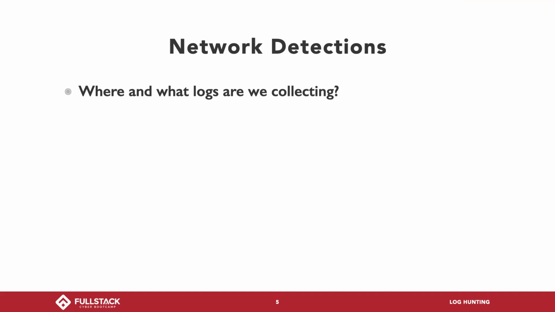Network server logs. I would not say server logs necessarily for detecting things on a network. Maybe elaborate. Like if someone was trying to access a particular server at a particular time, maybe something like that. Okay, I'll give it to you.